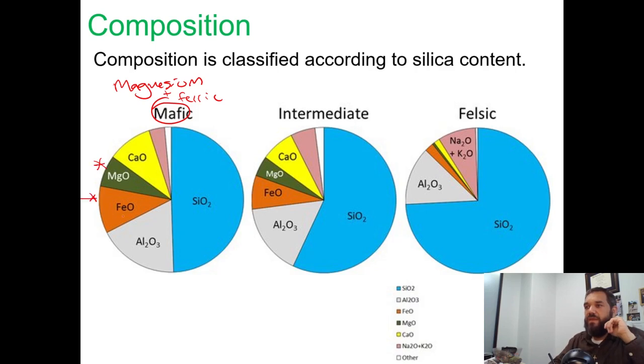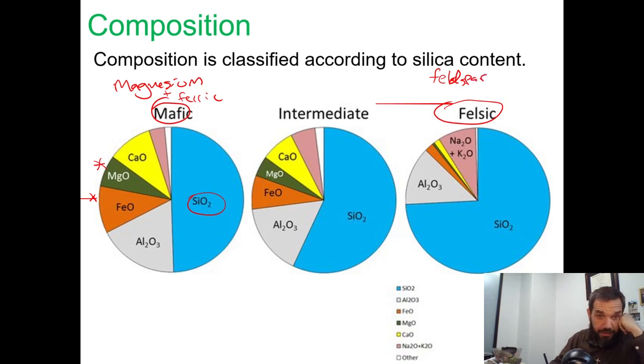You can see the silica content here is about 50%, but these mafic rocks have a lot of magnesium and a lot of iron. Let's compare that to felsic. If you go to the felsic side, felsic is actually another weird word. It's a conjunction of feldspar, which is a very common mineral, actually the most common mineral of the crust, plus silica, silica being SiO2, basically.